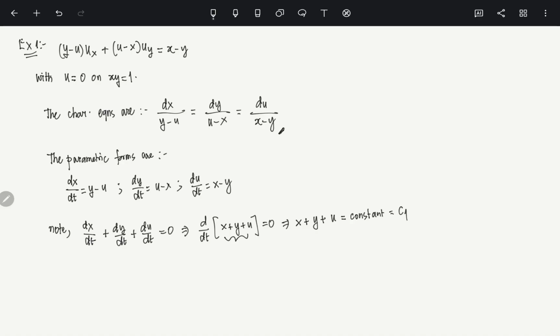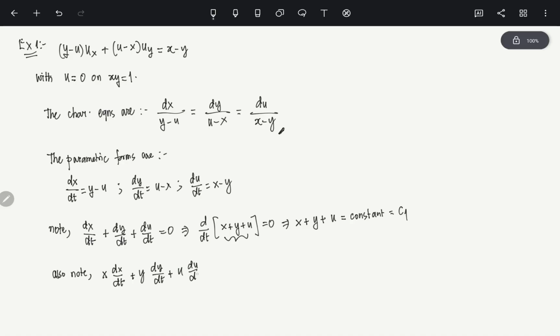Also note that this is true: x dx by dt plus y dy by dt. Essentially in this sort of problem, you have to make these small observations to make your life easy.